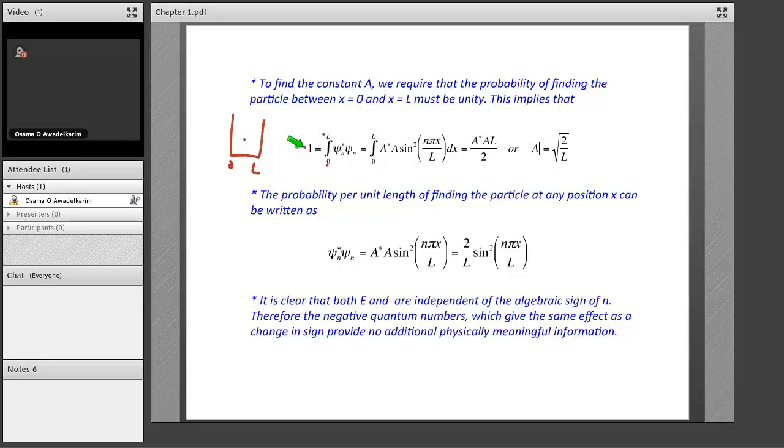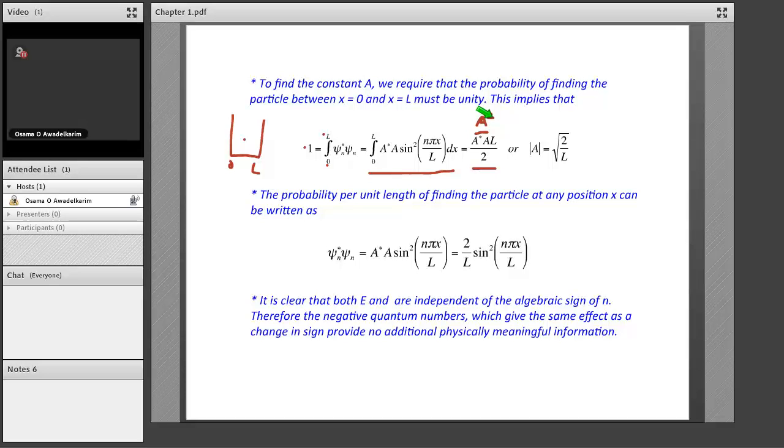So if I multiply the complex conjugate of psi, which is the same as A sine(n pi x over L), times the complex conjugate A star times psi, and then take this integral of sine squared between the limits 0 and L, we get A star A L over 2. A star A is simply A squared.